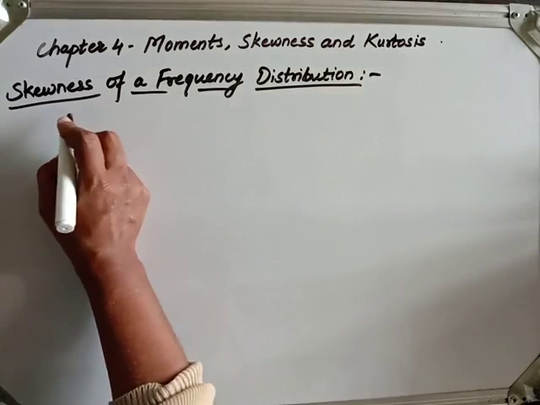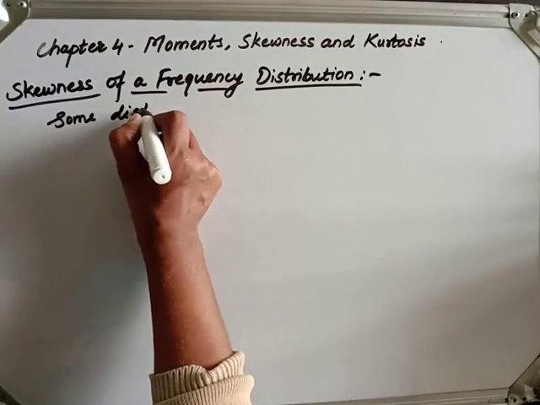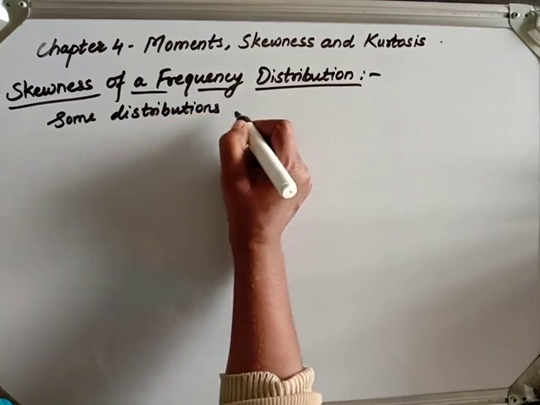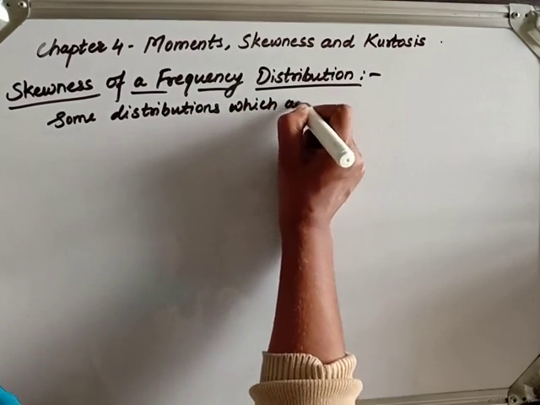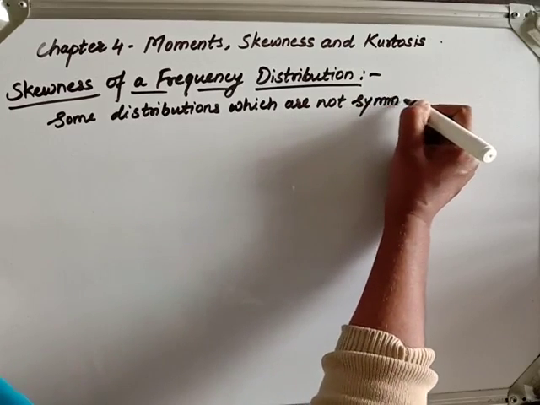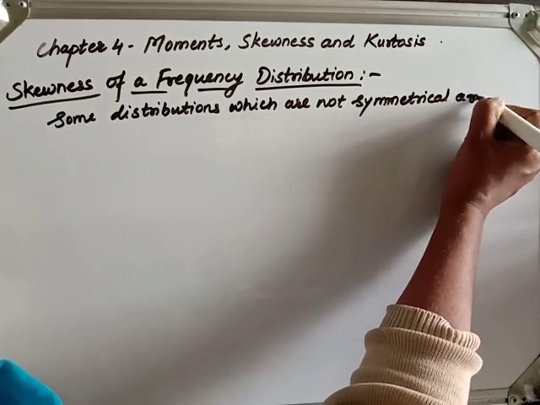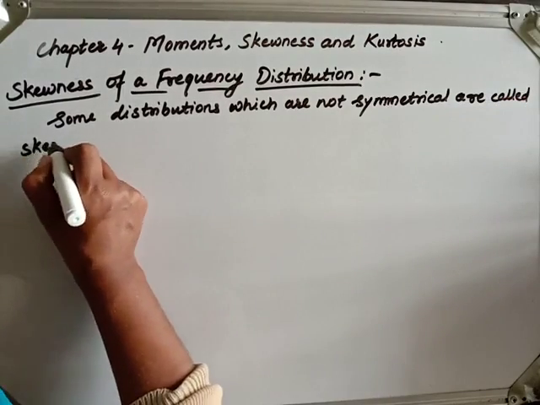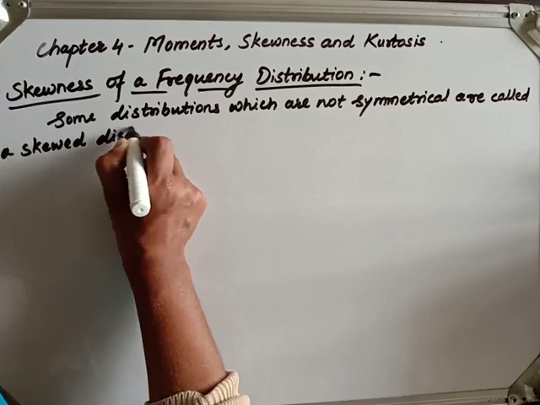Some distributions which are not symmetrical are called skewed distributions.